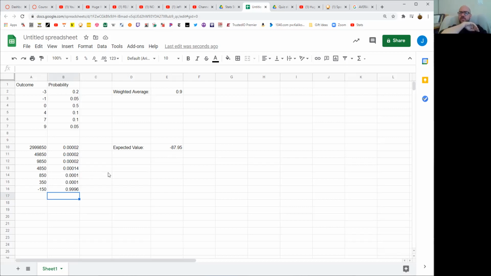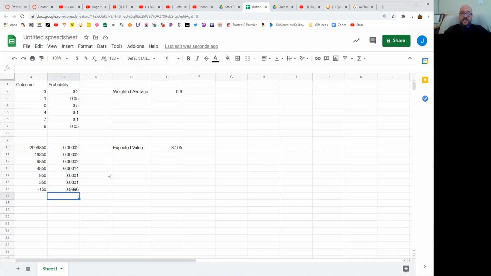So the expected value of negative $88 is the average value that the Contemporary Arts Forum takes in per ticket sold, right? So another way to think of this is, let's say that you and 49,999 friends got together and bought all the tickets, one ticket apiece. You sold everything that you won and split up all the winnings.